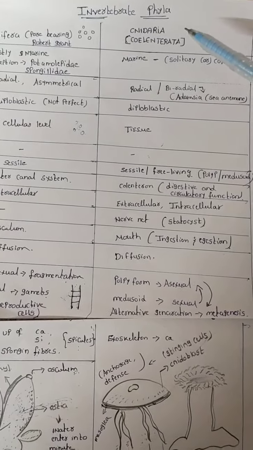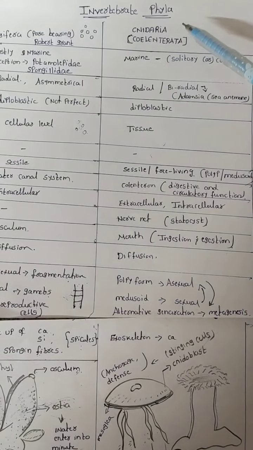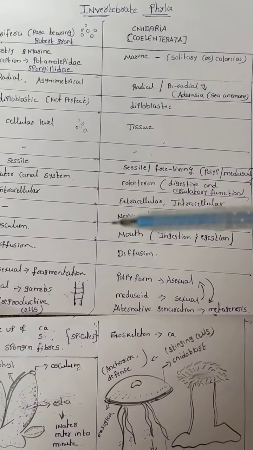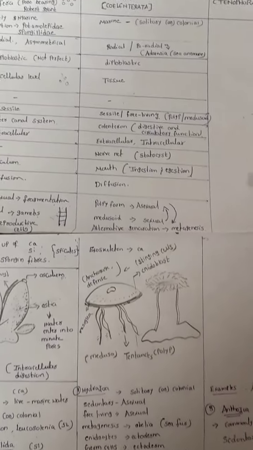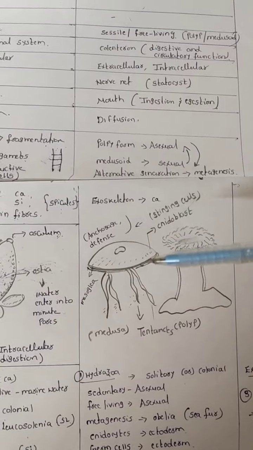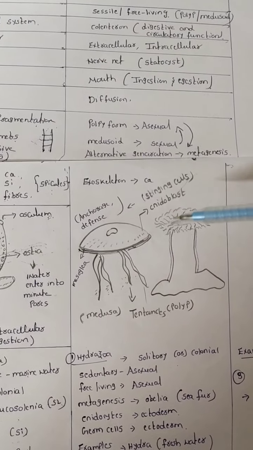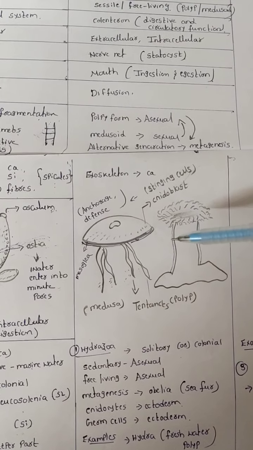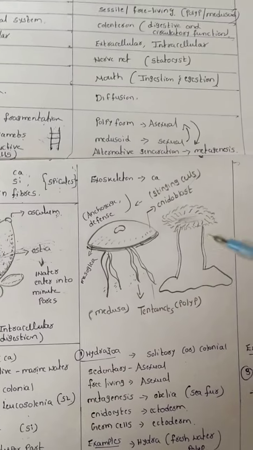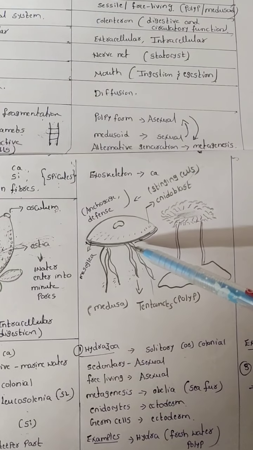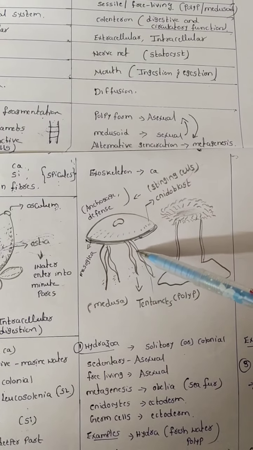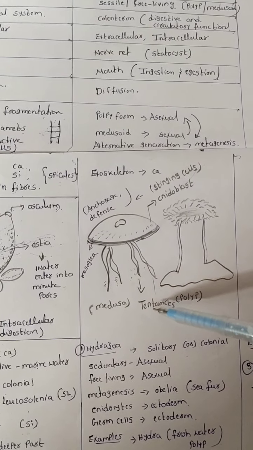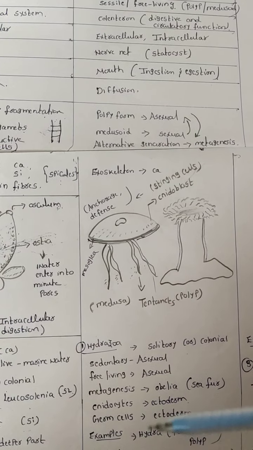Now, why is this phylum called Cnidaria or also called Coelenterata? See, now this one is an organism. Now this one is a hydra. Cnidarian organisms have thread-like structures called tentacles.